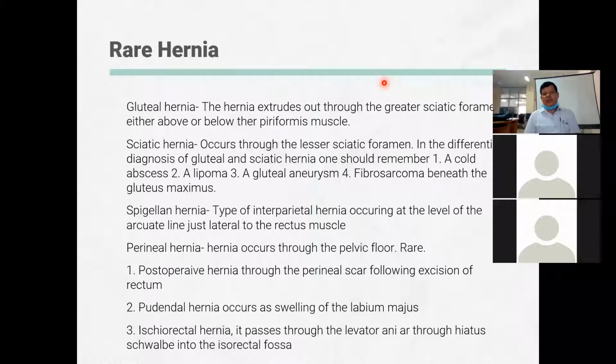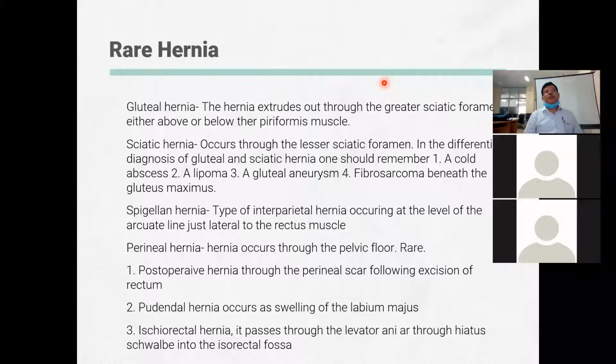Mainly it occurs in the perineal scar after excision of the rectum, mainly in cases of APR, abdominoperineal resection. If the rectum is completely excised from the perineum along with the anal canal, and the defect in the anal region is closed, but later, if the pelvic floor is weak or not repaired properly, then herniation may occur. That is called postoperative perineal hernia.